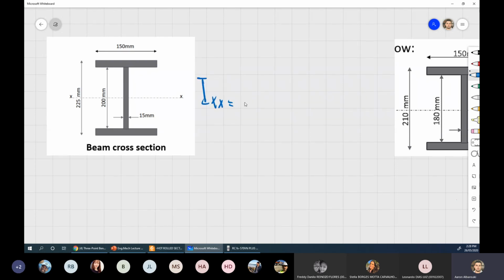Ixx equals 150 multiplied by 225 cubed on 12. I'll do it now in a slightly different way. Check this one, Freddie, if it's easier for you.